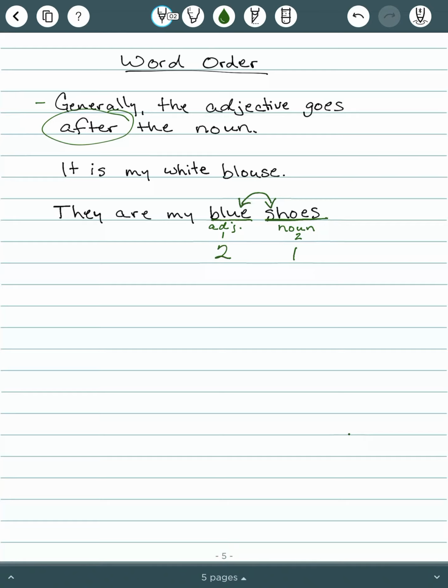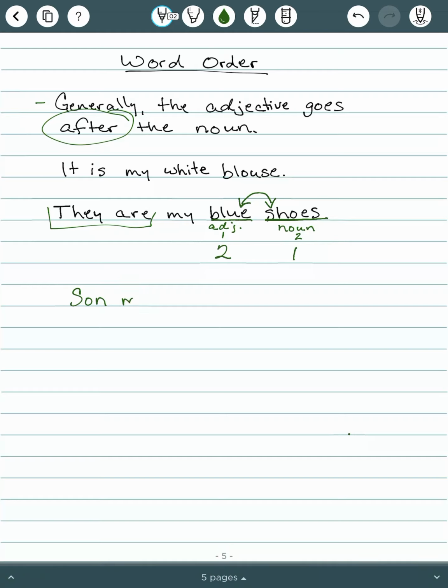So we're going to need to switch those words around. So literally, we're going to say, they are my shoes blue. And we're going to need to make blue agree with shoes. So let's look at this sentence. They are. So to say they are, we say son, and then my blue shoes. So let's think about the basic words here.